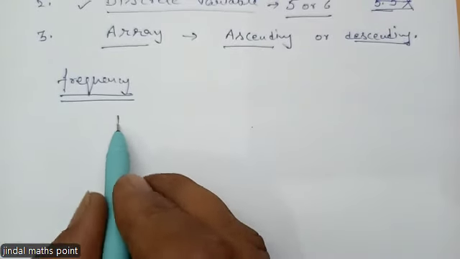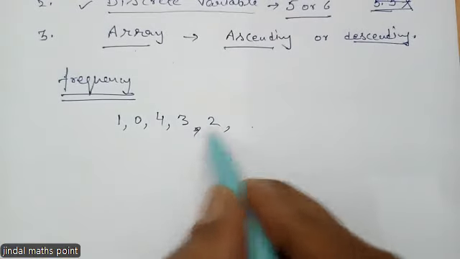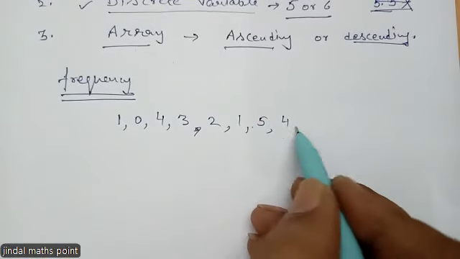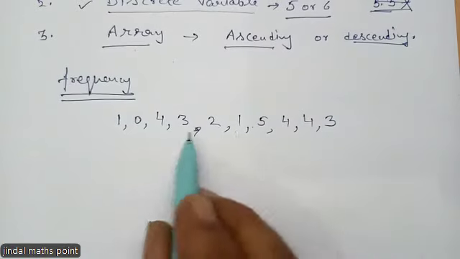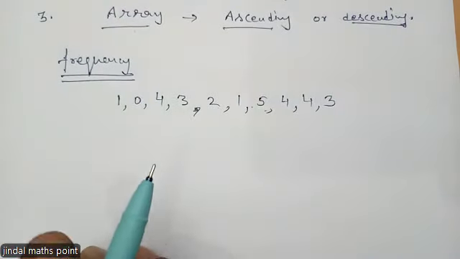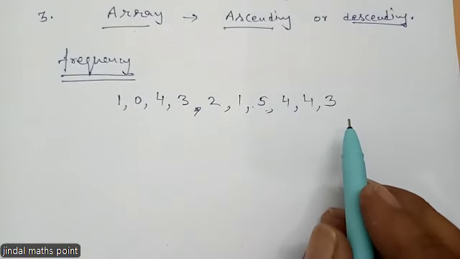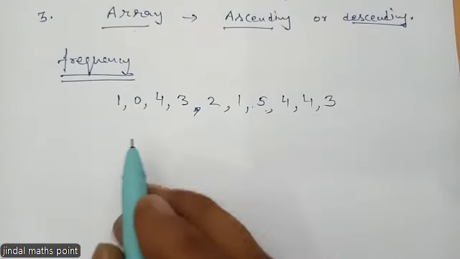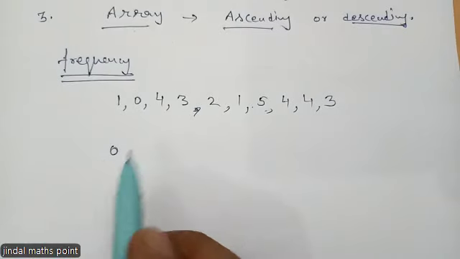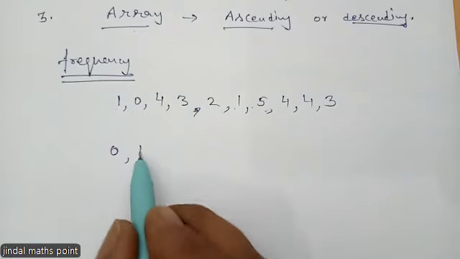Raw data, that is 1, 0, 4, 3, 2, 1, 5, 4, 4, 3, 3, 6, 3, 9, 1, 10. I take 10 values. Arrange it in ascending or descending order. 0, 1 time. 1, 2 times.